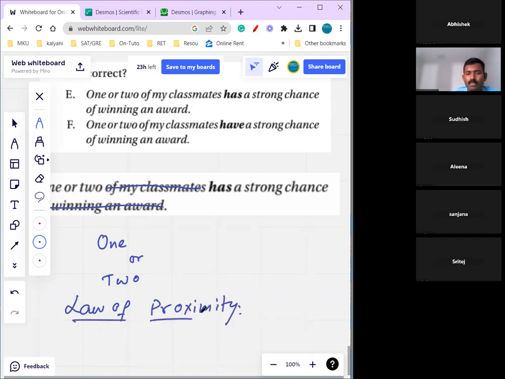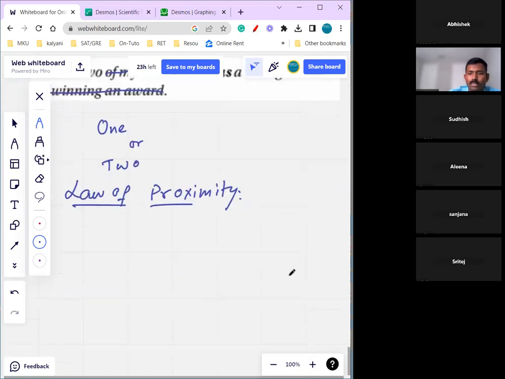So what does this mean? What does the law of proximity mean? I'm going to write it down. In case you have little running notes, please write it down. These are the small things you have to remember and retain when you answer these types of passages. So let's say your subject takes A or B form, like 1 or 2.